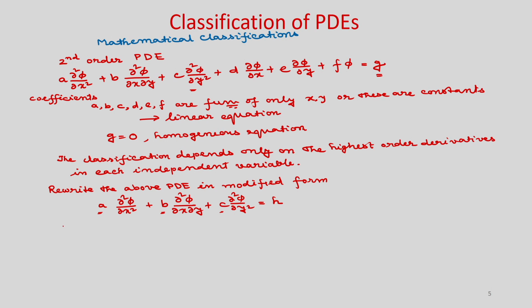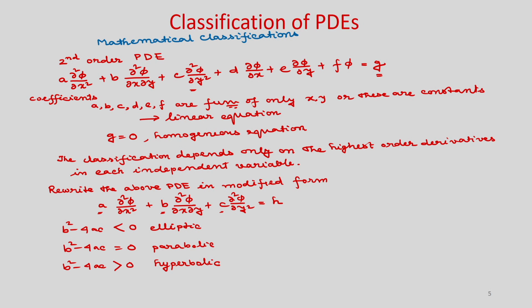If B square minus 4AC is less than 0, then it is elliptic. If B square minus 4AC is equal to 0, then it is parabolic, and if B square minus 4AC is greater than 0, then it is hyperbolic.